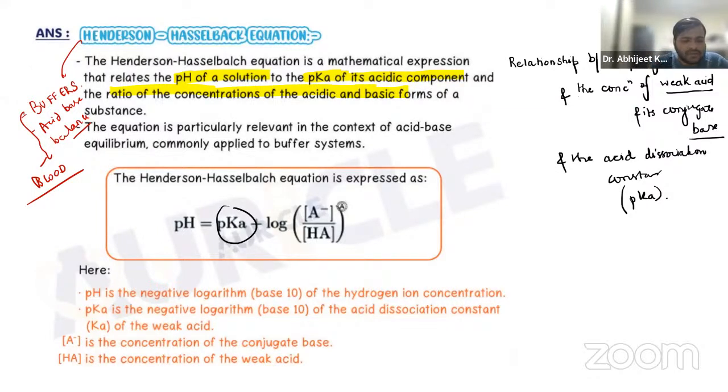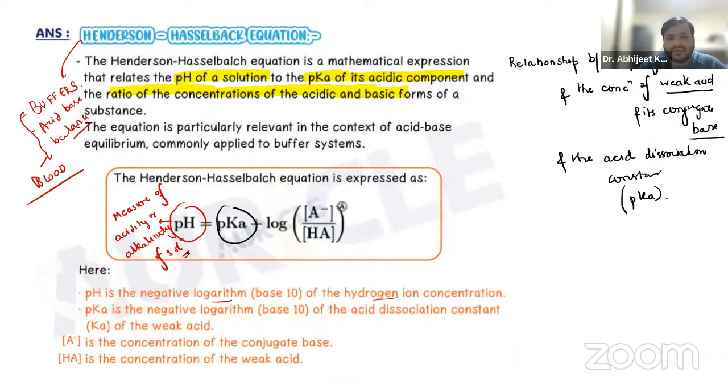Now when I use the term pH, guys, pH basically means the negative logarithm of the hydrogen ion concentration, or simply a measure of acidity or alkalinity of a solution.